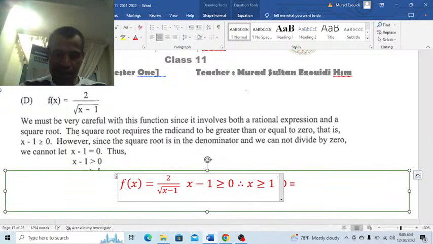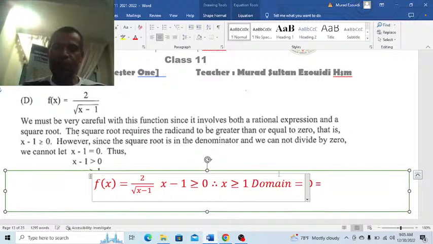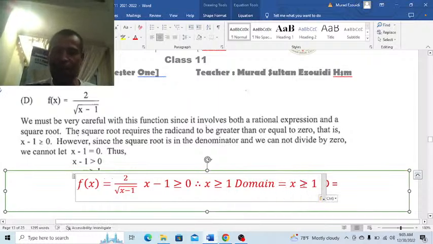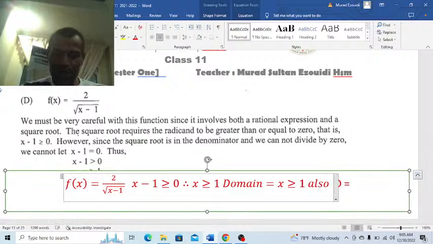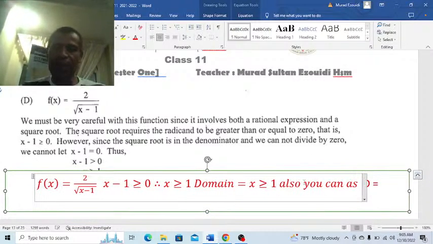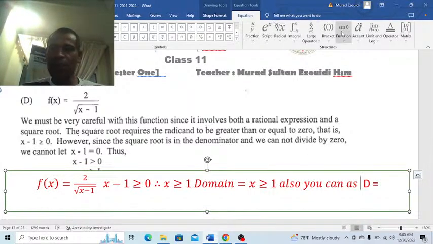Domain is equal to 2x more than or equal to 1. This is the domain. You can write this, or also you can write, x is belonging to the interval.